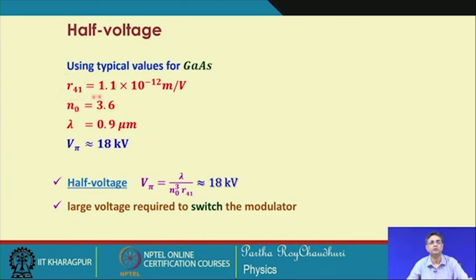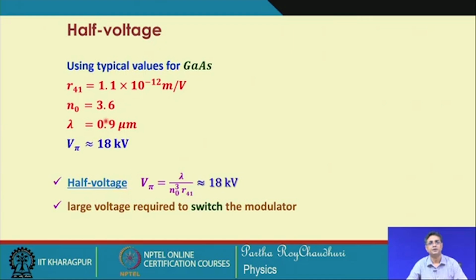We have shown that r 41 is equal to this, and n 0 for gallium arsenide is 3.5, 3.4, 3.6, 3.5. Let us assume that this is 3.6, and if we use a wavelength of 0.9 micrometer, then the V pi value approximately comes out to be 18 kilovolt, which is a very large voltage, and it requires a very careful setup to handle 18 kilovolt of electrical voltage.